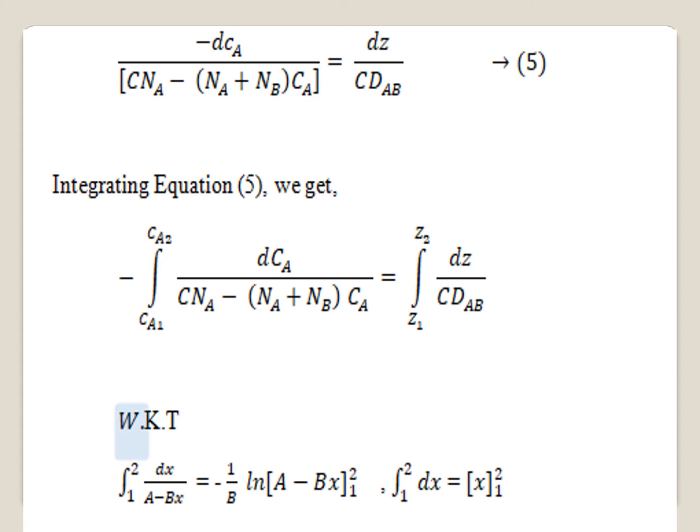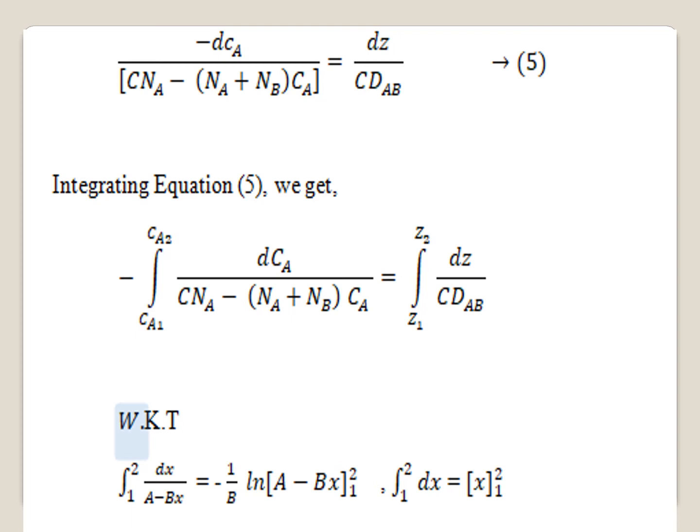Integrating equation 5, we get minus the integration of Ca1 to Ca2 of dCa by (C·NA minus (NA plus NB) into Ca) is equal to the integration of Z1 to Z2 of dz divided by C into DAB.